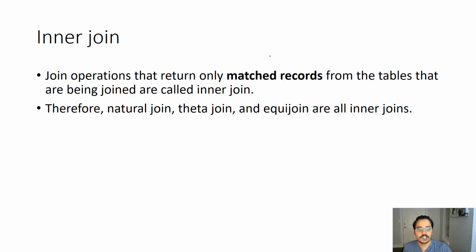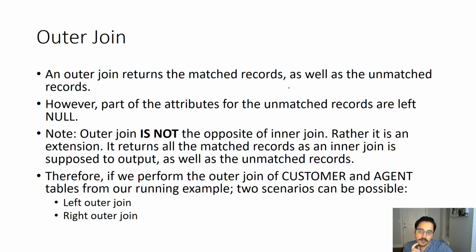So inner join, keep in mind this keyword, is going to return only the matched records from the table, or the set of rows which are matching. Whereas outer join, of course, is not the opposite of inner join, but what outer join necessarily does is it returns the set of matched and unmatched records.